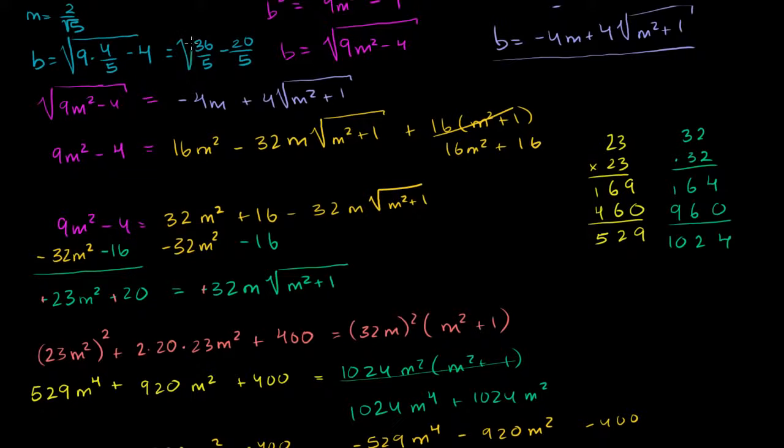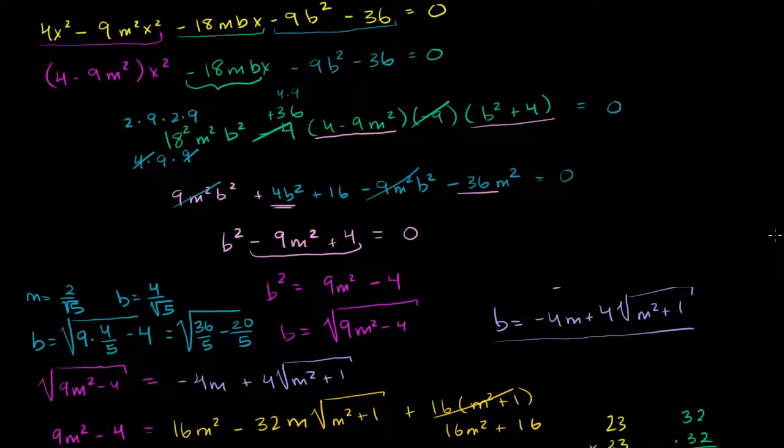I'm running out of space. So 36 minus 20 is 16. So b is equal to the square root of 16 over the square root of 5, or 4 over the square root of 5. And we are done. We now know the slope of that tangent line, the one that had a positive slope. Its equation is going to be y is equal to 2 over the square root of 5 times x plus 4 over the square root of 5.